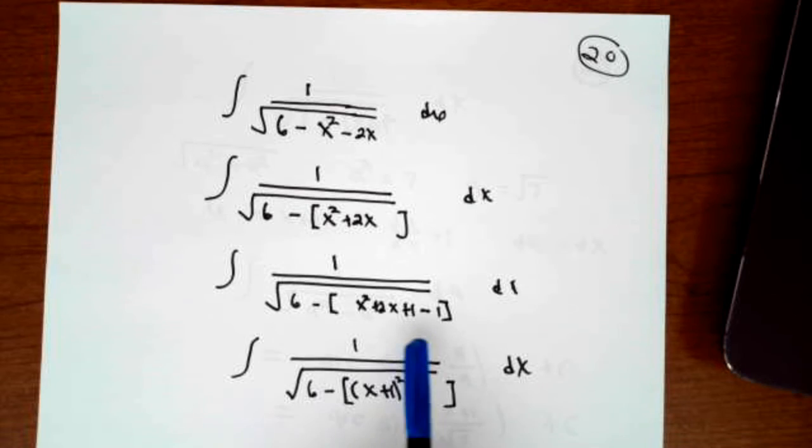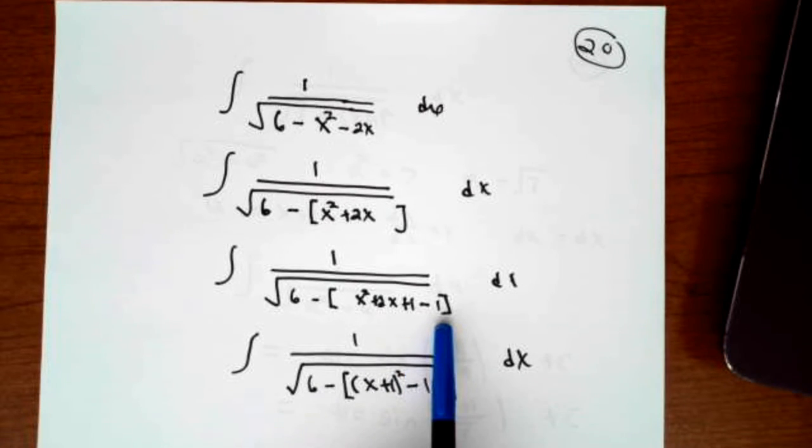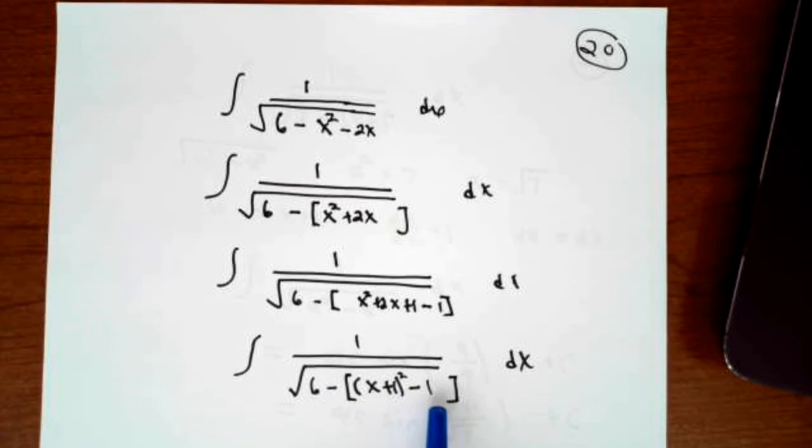So as usual, add in the thing that you wished was there, and then subtract it right back off. Your integral is the integral of 1 over radical 6 minus the quantity, the square of x plus 1 minus 1, with respect to x. I'm going to have 6 minus 1.